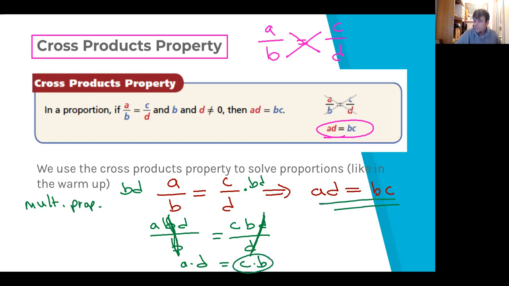We end up with this. So all I did was apply my multiplication property, a little bit of simplifying, bam, we have the same exact result as our cross products property. It's just a little bit faster. Rather than multiplying both sides of your equation and canceling stuff out and whatnot, you can just simply do this cross products. It's just a quicker way to solve the proportion rather than the other way.